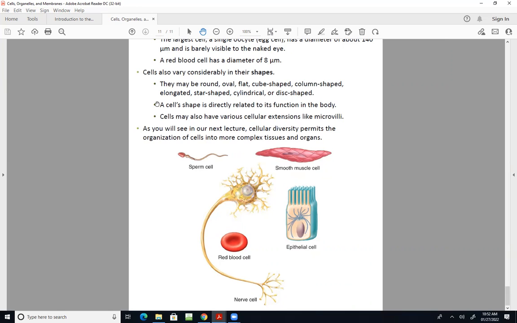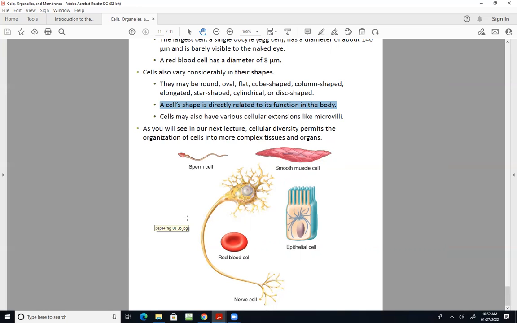Once again, I mentioned this earlier in the lecture, but a very important theme in this class is the relationship that exists between shape and function, and that is important not just at the whole body level, but at the cellular level. So a cell's shape is directly related to its function in the body.